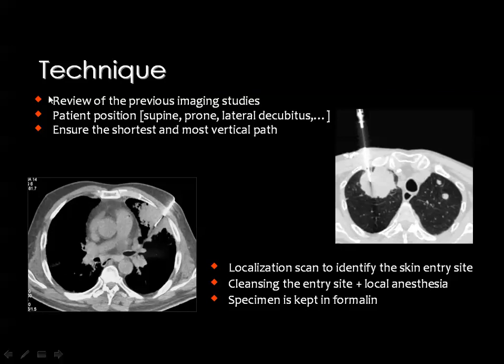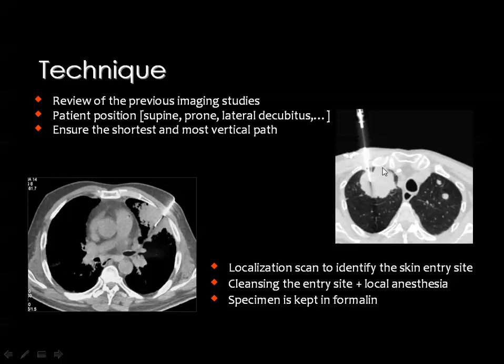You review the previous imaging studies, then you put the patient in the position which is accessible for biopsy. And we have emphasized the importance of the accessibility of the lesion, or the intimate relation of the lesion to the chest wall, and also the absence of any emphysematous bulla or major vascular structures in the needle tract.